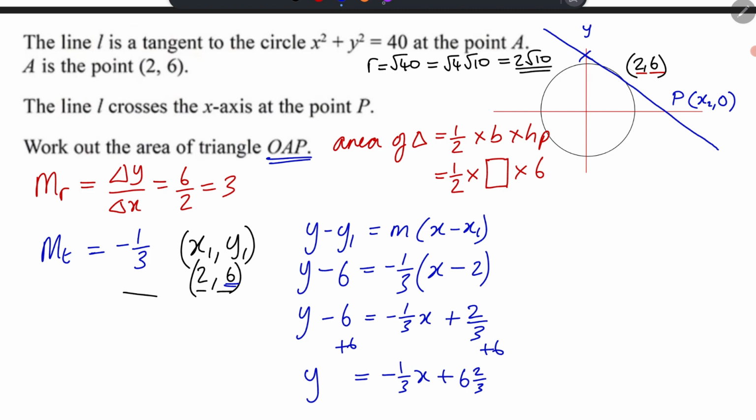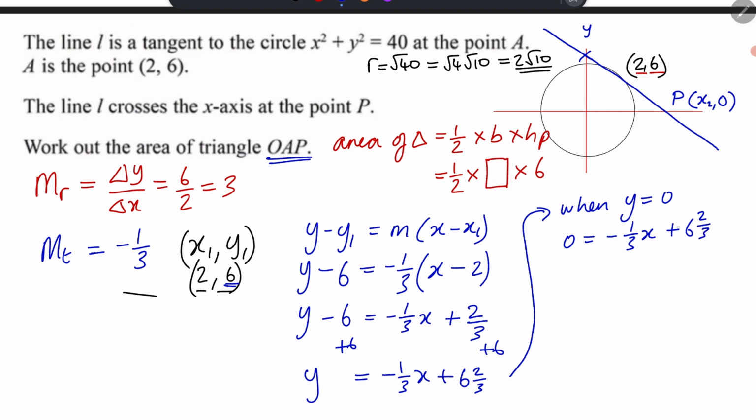That is the equation of this tangent here. And we need to work out this coordinate on the tangent. So we're going to set y as equal to 0 here. So let's do that up here. So when y equals 0, we get 0 equals negative 1/3 x plus 6 2/3.